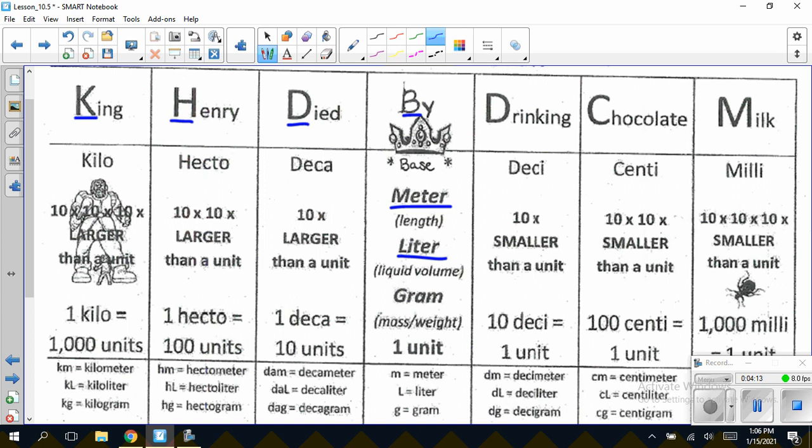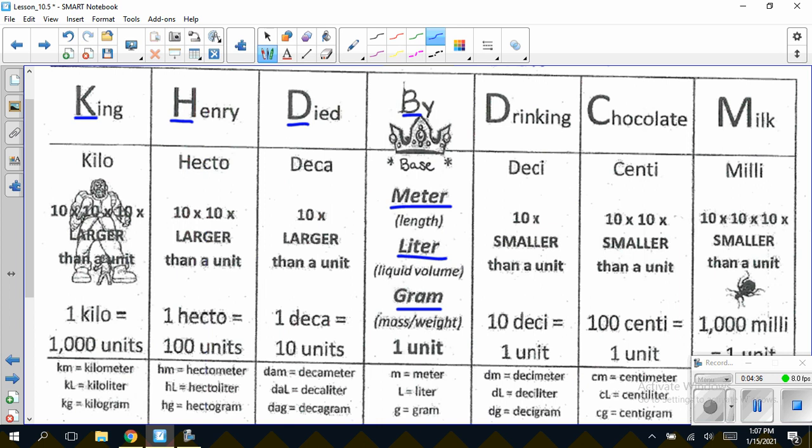Well, with the metric system, you are measuring those in liters for our volume. And then finally, the gram, that's the mass or the weight of a unit. So that is our base that we always refer back to. That would be like for your meters, that's 1 meter stick. That is representing a meter.